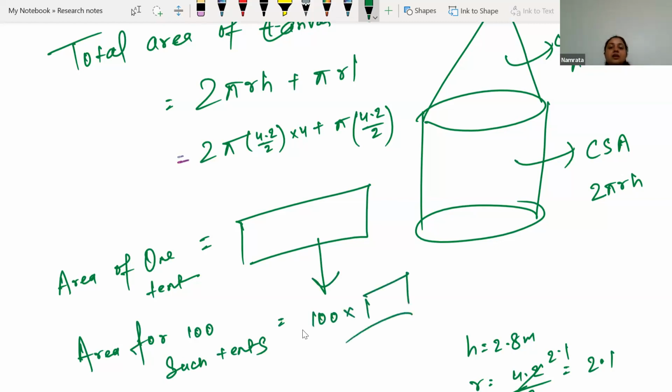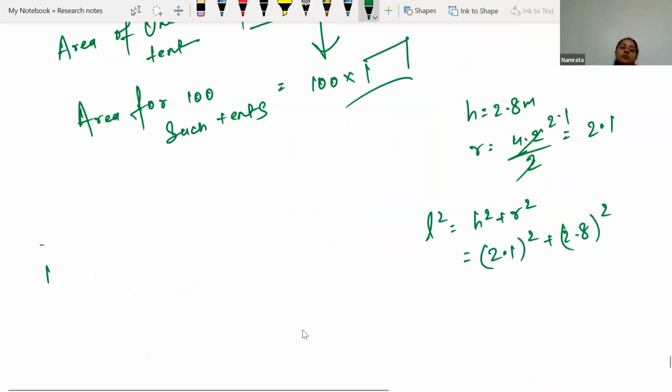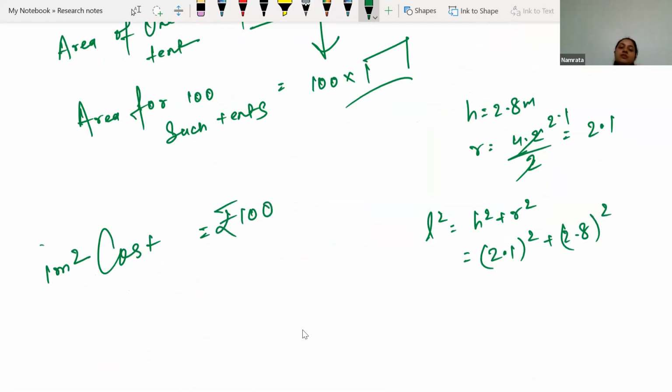That is the total area. Now 1 meter square costs 100 rupees, so whatever meter square you have got, for that many meter square you have to find the cost. Okay? Getting it? Are you getting it? Yes, ma'am.